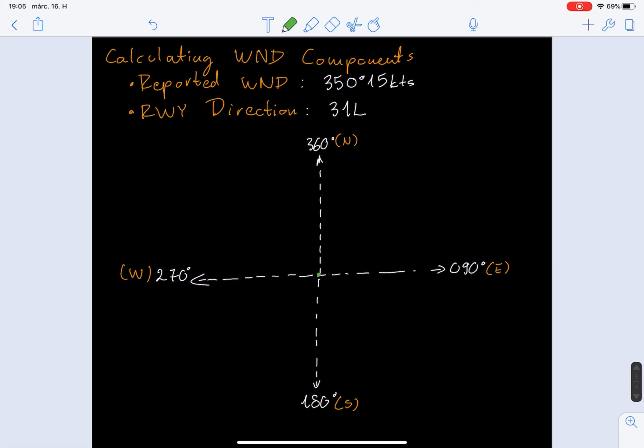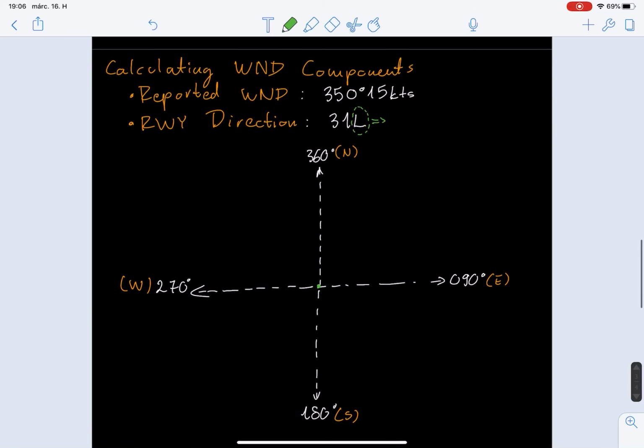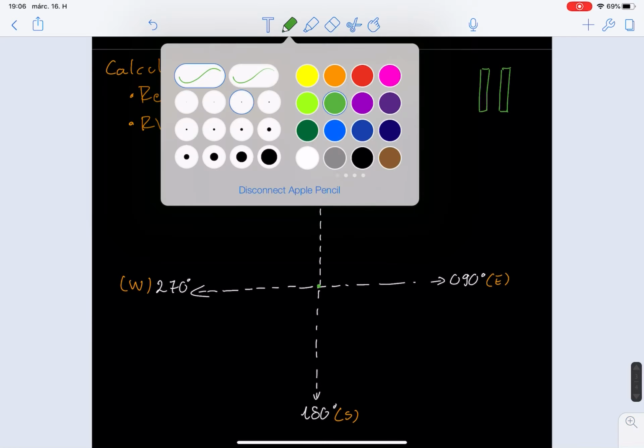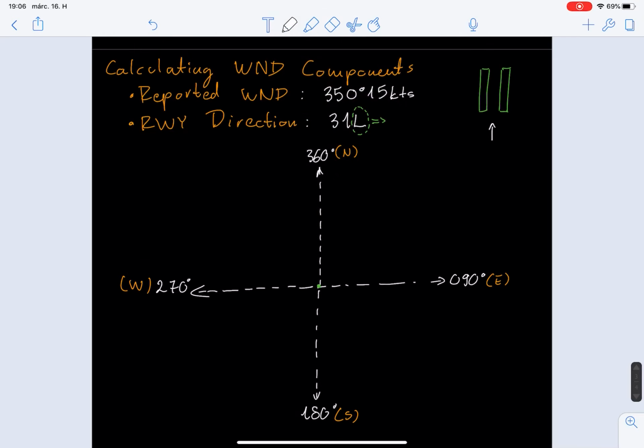And here it says runway direction is 31 left. So what I'm interested in is usually not even the designation, the left, right, center, which just means if you have two parallel runways, the one on the left landing from this direction would be indexed as left, and the one on the right from the landing or taking off direction would be right.